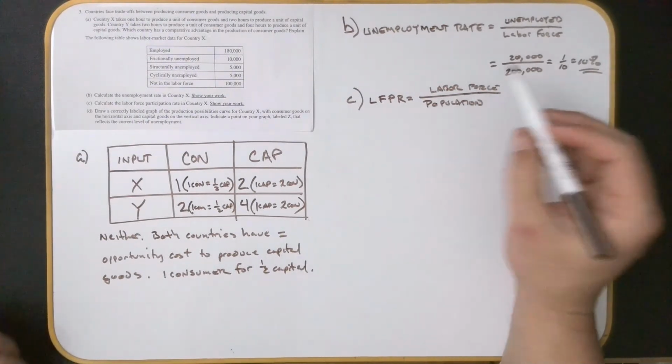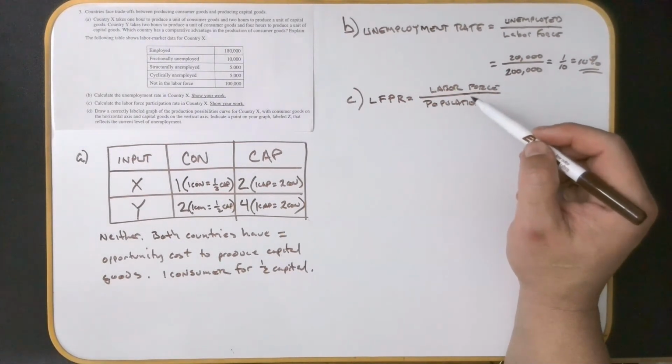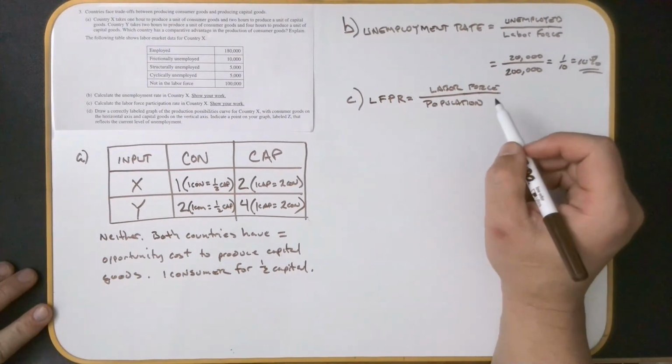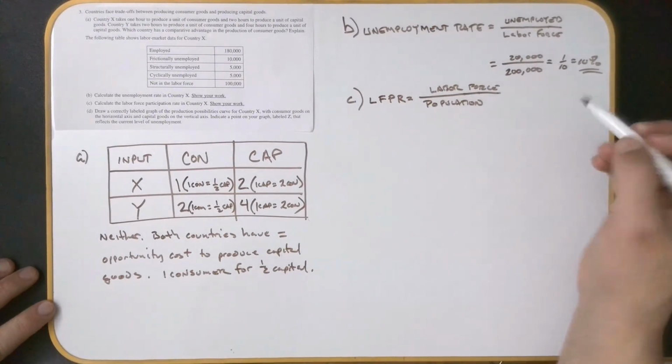Okay, and this vacillates from time to time, and sometimes it's the people not in the labor force. There's usually reasons why they're not in the labor force. Sometimes we have a surge in college students, and that vacillates back and forth, and that's going to affect it.